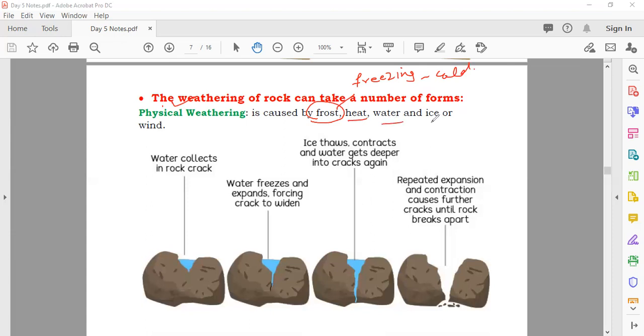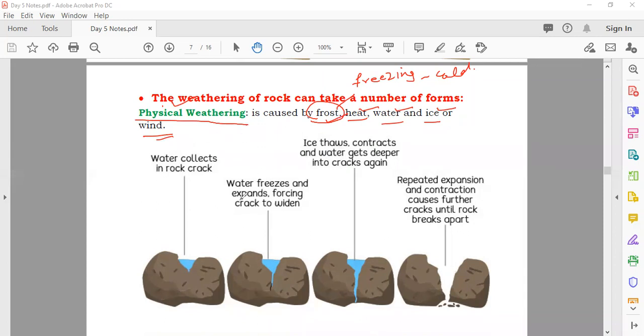Heat, water, ice or wind. If the rock breaks down due to cold or freezing, heat, water, ice or wind, this is known as physical weathering.